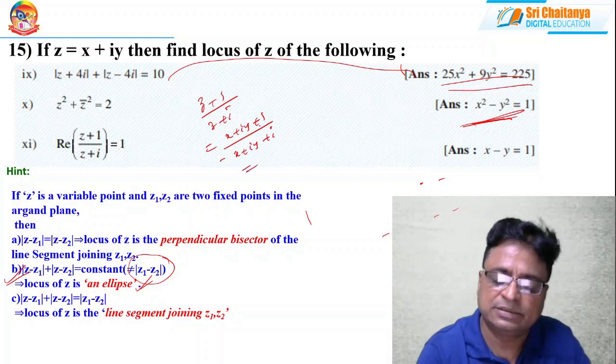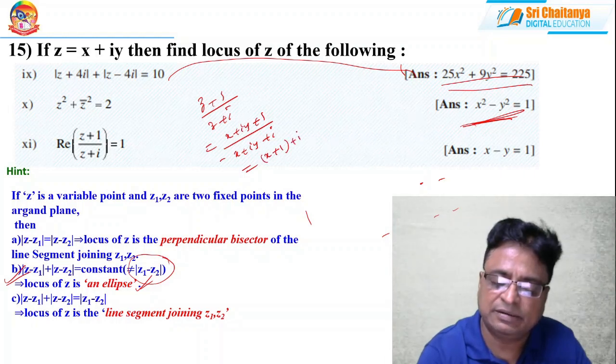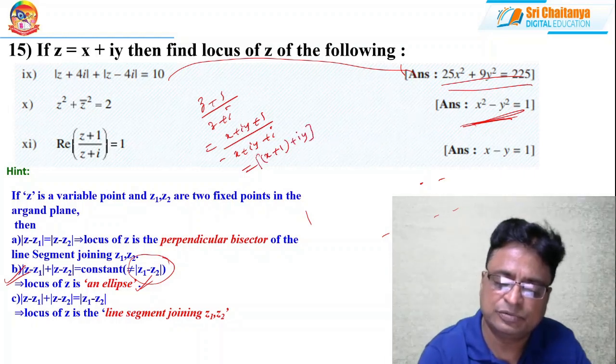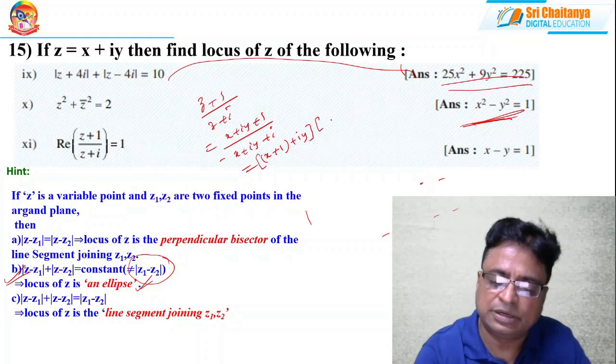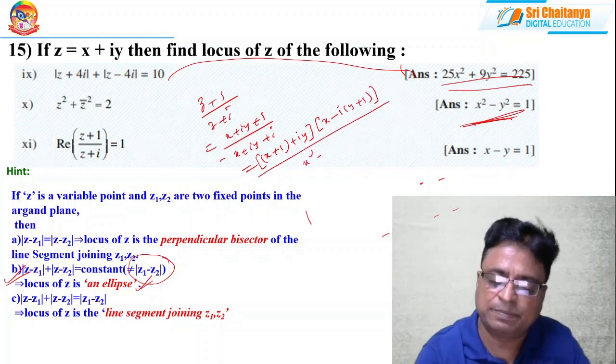This is x plus 1 plus iy into, rationalize the denominator, x minus i into y plus 1 by x square plus y plus 1 whole square.